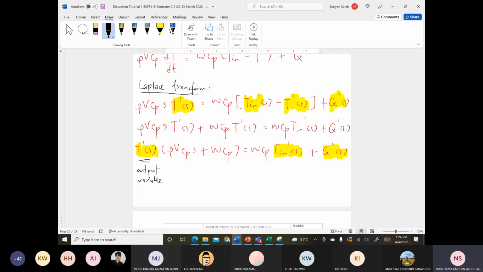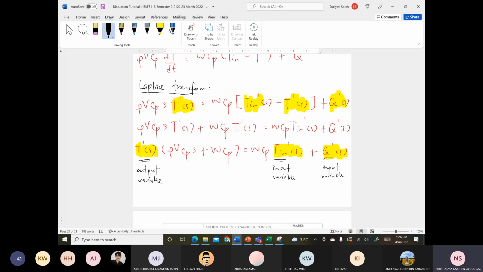So outlet temperature represents the output variable. And this one, the inlet temperature, is your input variable. Since it's inlet temperature, inlet represents your input. The same goes with the Q. Q is your input variable in this case.